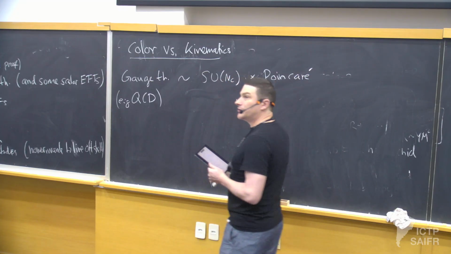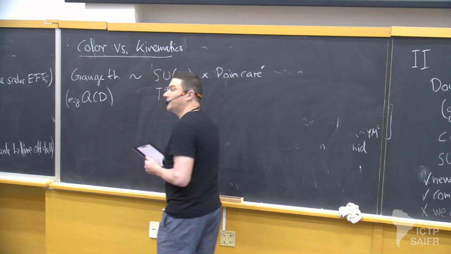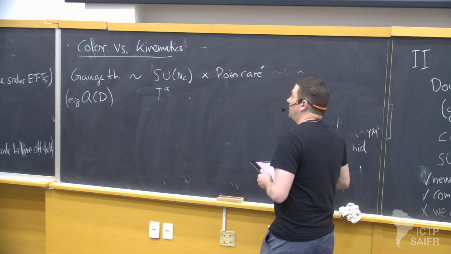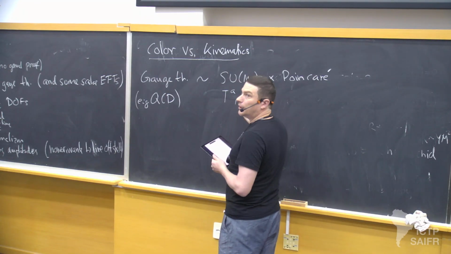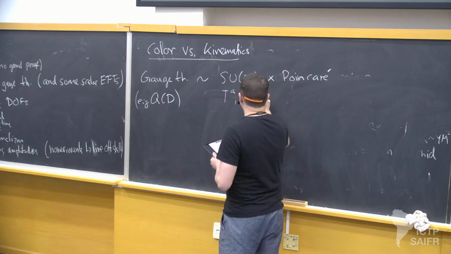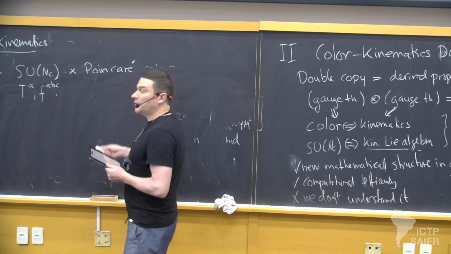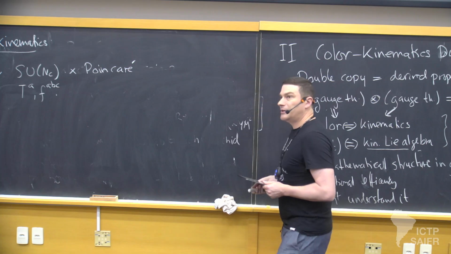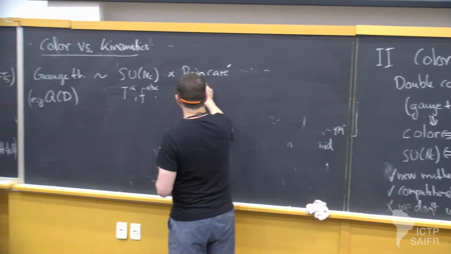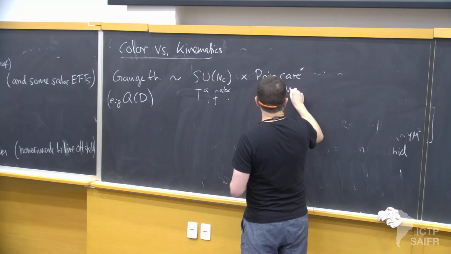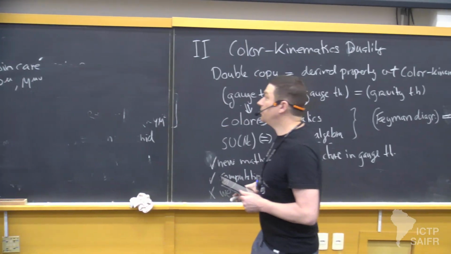The generators for color, we typically just call them T^A, so those are the generators of the Lie algebra. We also have other familiar building blocks, which are the structure constants, mentioned in David's lecture. If you think about Poincare symmetry, we need to think about what the generators are: the momenta and the Lorentz rotations, Lorentz symmetry.